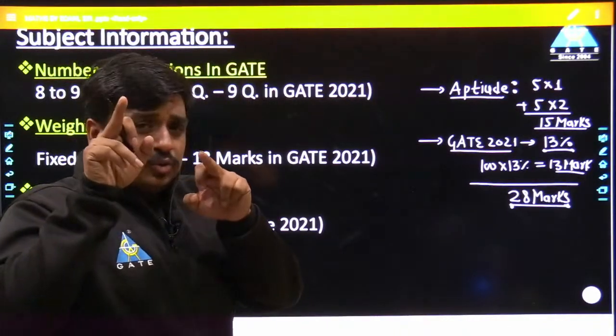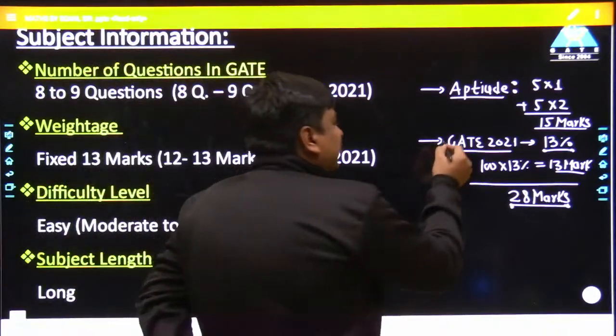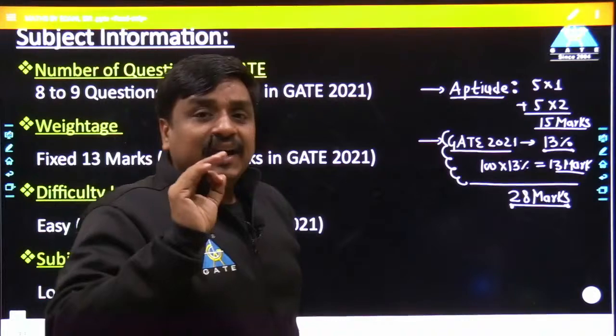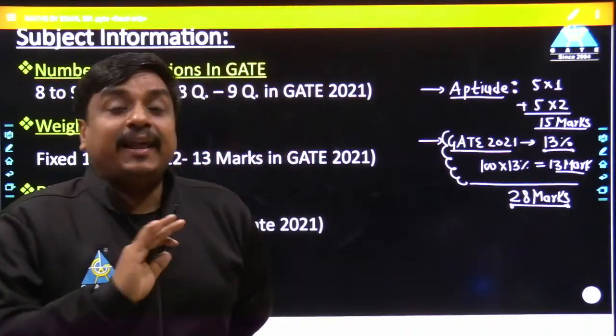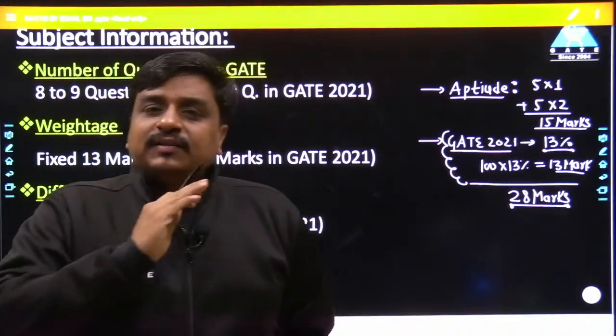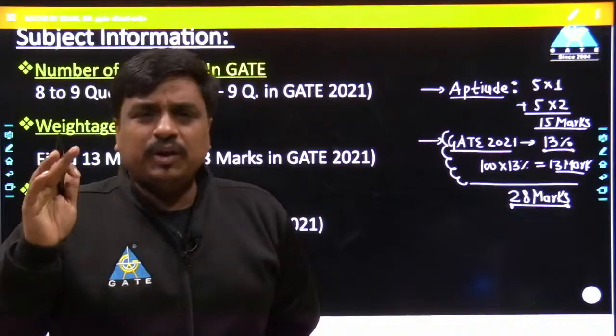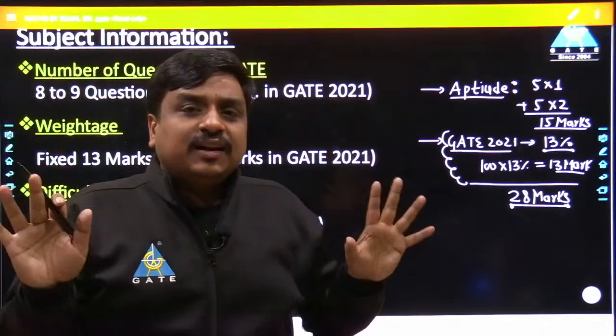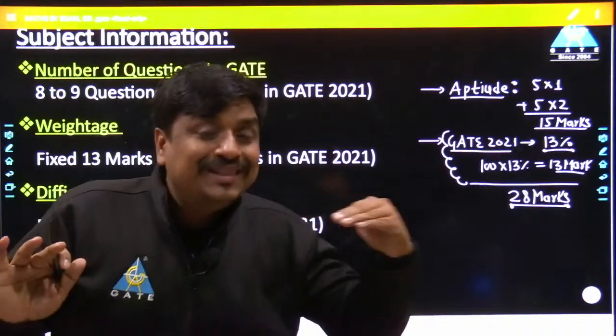Now one thing should come to your mind, sir, whether it is important in terms of weightage. No, my dear friends, it's very important in terms of your technical clarity. If you are from mechanical, civil, electrical, electronics, computer science, most of the subjects which you are studying have their base in engineering mathematics.